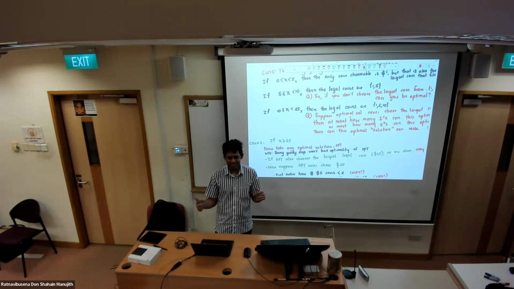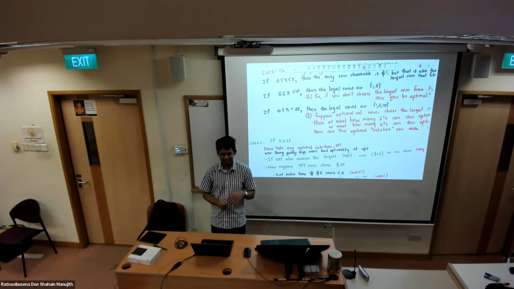So there's a sub collection of coins in Opt that adds up to exactly 25. Then it's not optimal. Yes, that's true.